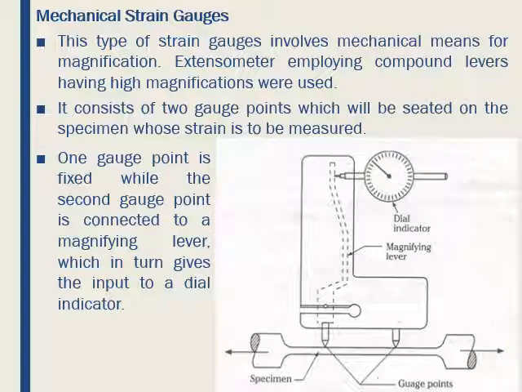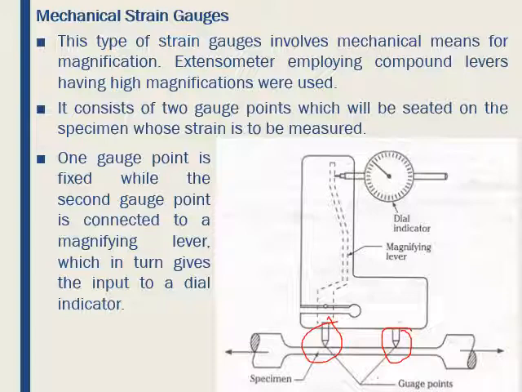The extensometer employs a compound lever having high magnification. It consists of two gauge points. We can observe here there are two gauge points: one is here, the other one is here.